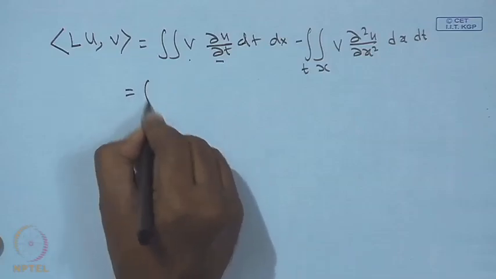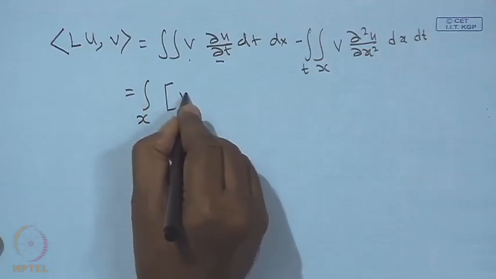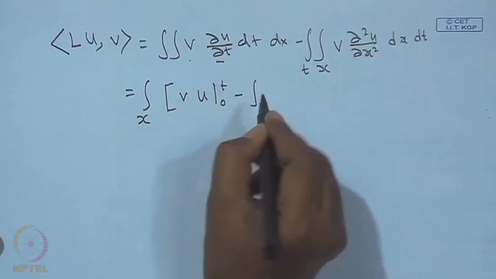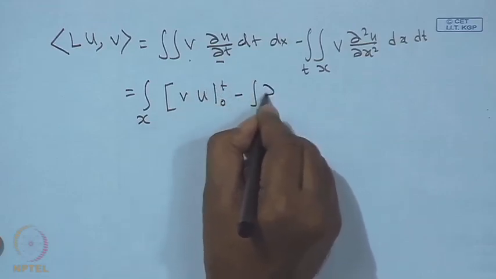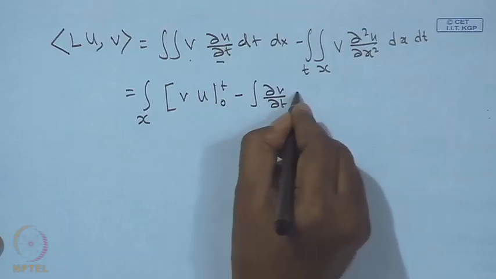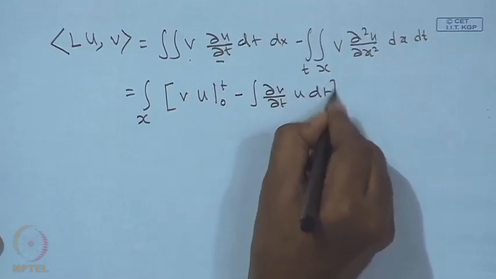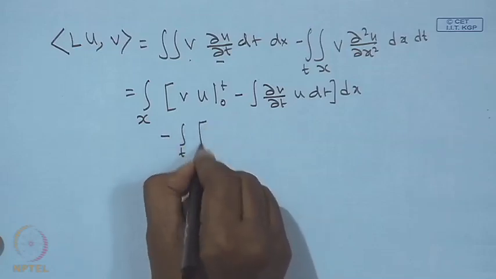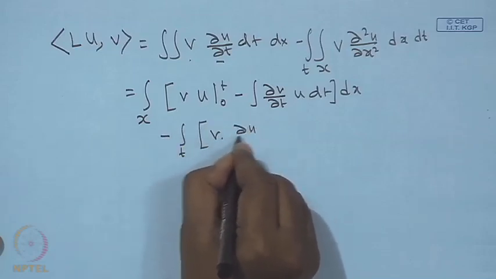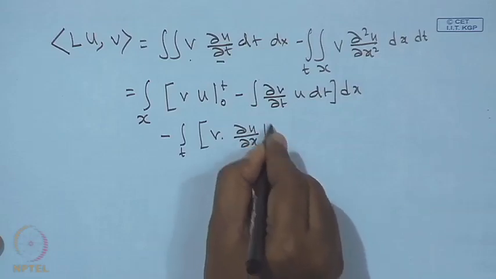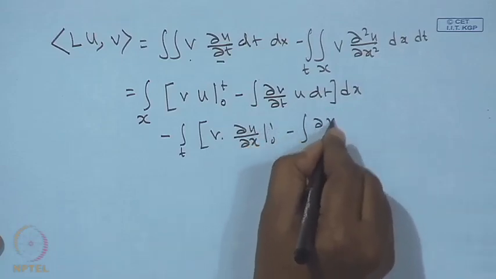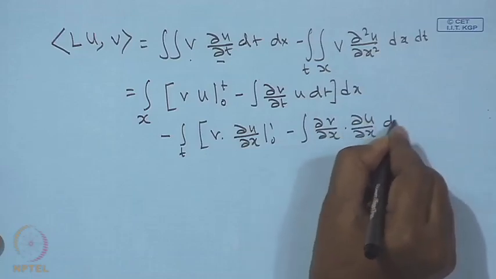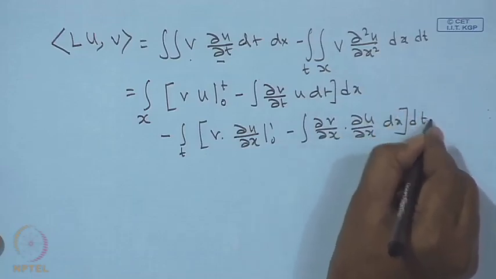The integration over x is remaining: the first function times the integral of the second function over 0 to t, minus the differential of the first function, del v del t, and the integration of the second function, that is u, dt, then dx. Minus the integration over t, first function times the differential of the second function, del u del x, from 0 to 1, minus the differential of the first function and the integration of the second function, del u del x, dx dt.